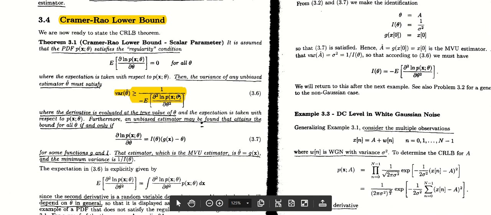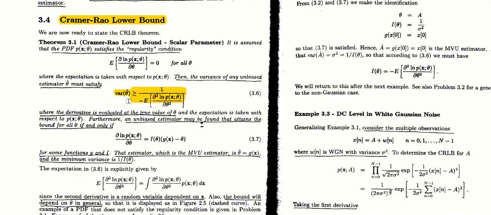So formally, the CRLB is telling you that this will be true, where the derivative is evaluated at the true value of theta and the expectation is taken with respect to P. Furthermore, an unbiased estimator may be found that attains the bound for all theta if and only if the first order derivative equals I of theta multiplied by g of x minus theta.